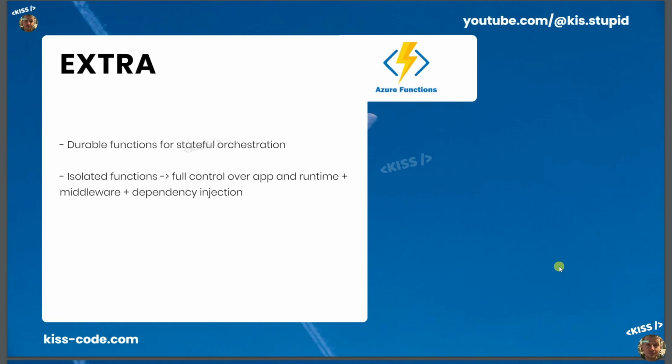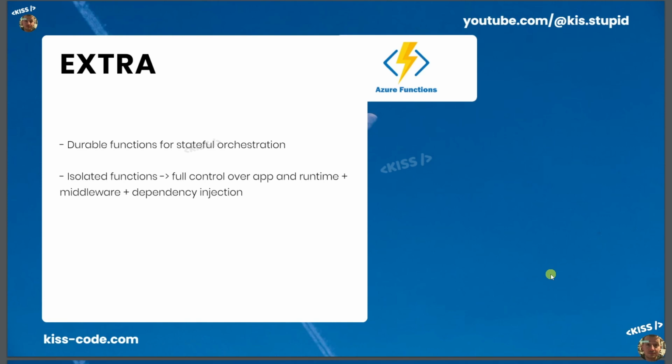Then you might want to go for the isolated functions, and these resemble the background worker services. So using and deploying these are actually very similar. So it should be easy to transform from an always-on running background worker service to an isolated Azure Functions app.